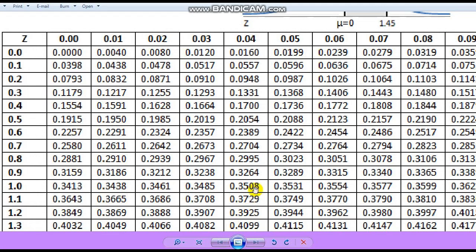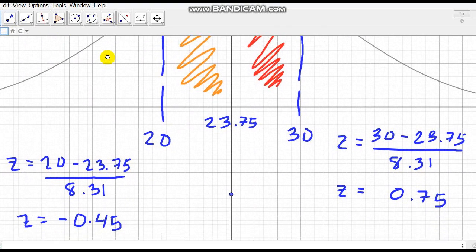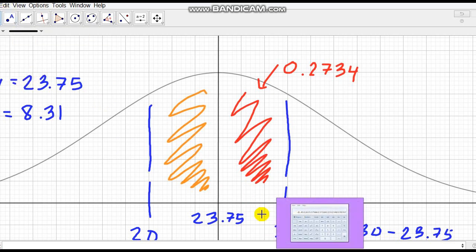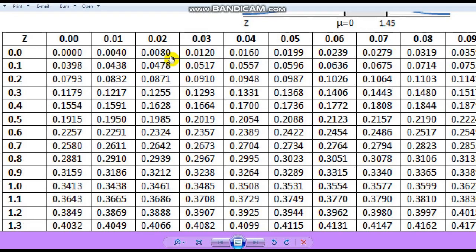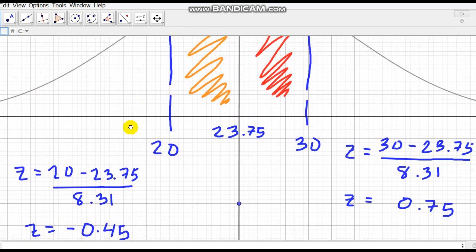This is our area. And for the second one, we have 20, which is negative 0.45. So we'll just simply use 0.45.